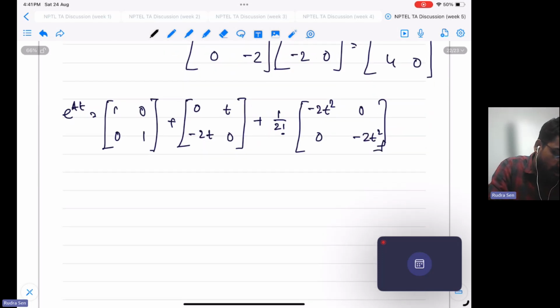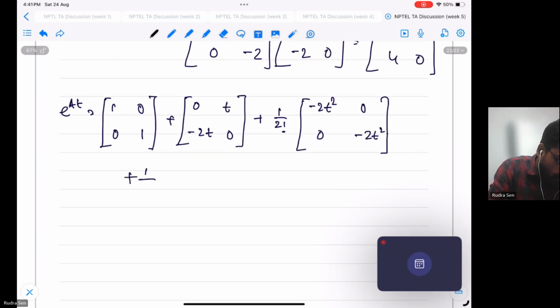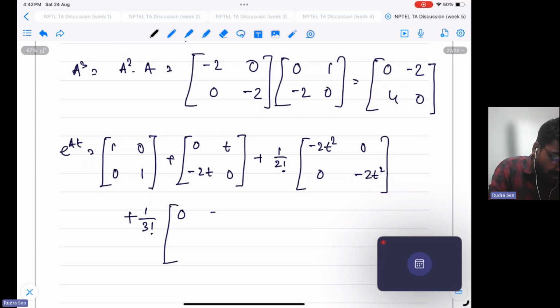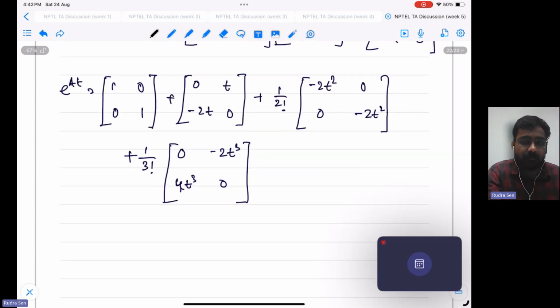And then 1 by factorial 3, it's [0, -2t cube; 4t cube, 0]. Right?